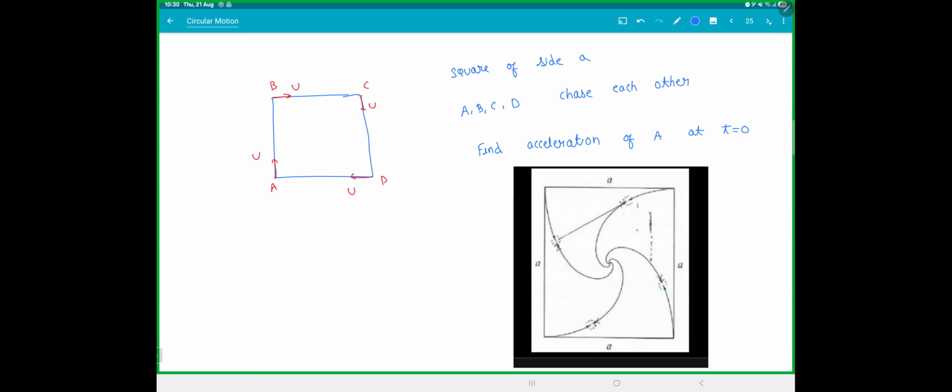Try, I'll give you a minute more. Just now you got the formula V into omega. So your job is to get omega. If you can get initial omega, my job's done. I'm just asking for time t equal to 0 only now. Let's see.